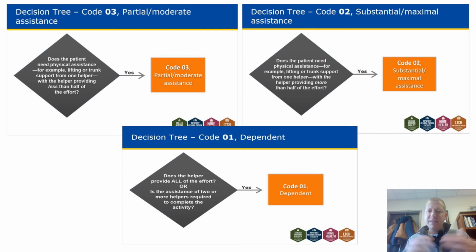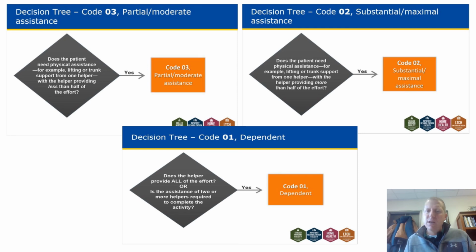Okay, and so then if it's less than half of the effort, providing physical assistance, maybe you physically lifted them, or maybe you physically provided some support for them with the task, then you would code them a level 3.